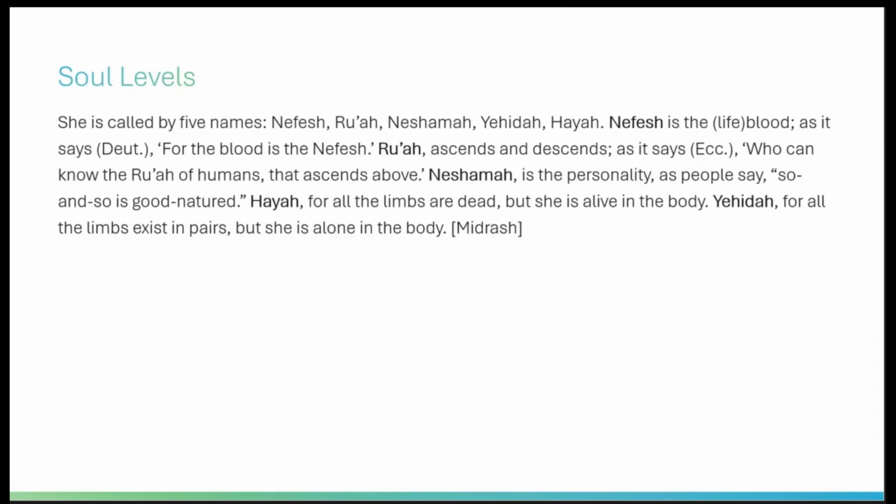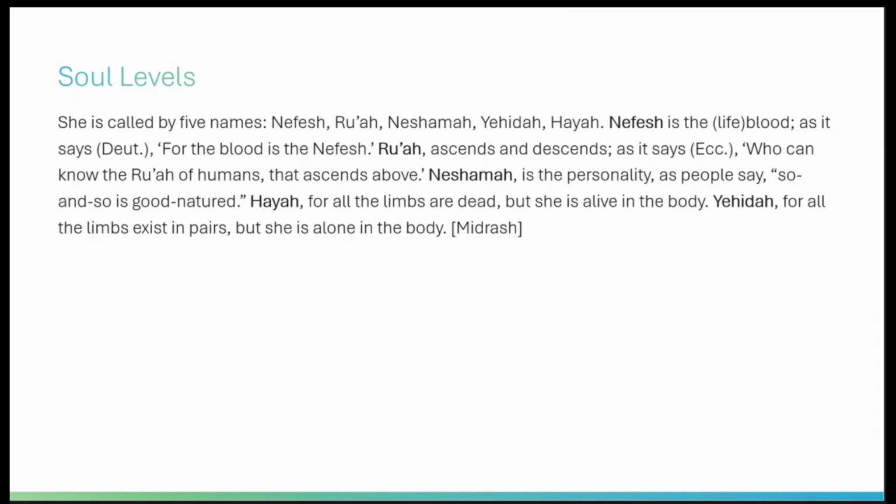The most common would be Nefesh, Ruach, or Neshama. Nefesh is often translated as soul, Ruach as spirit, and Neshama as breath. But what does this really mean? The Midrash explains what each one is in the style of the Midrash.